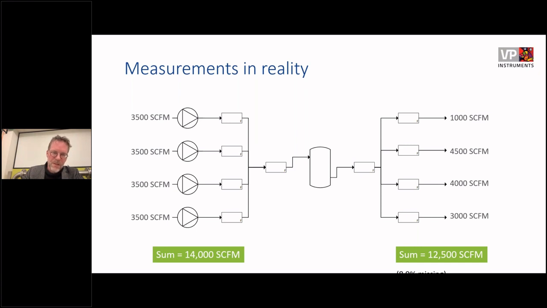You could also use the kW meters if they are installed and allocate kW to the consumers instead of allocating standard cubic feet or standard cubic meters. So there are ways mathematically which you can implement in a monitoring system or in a control system to at least lower the total measurement error in that way.